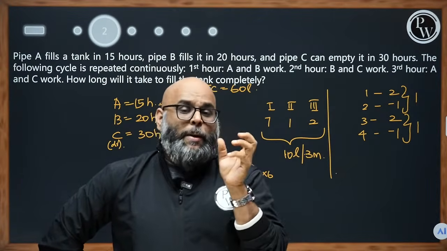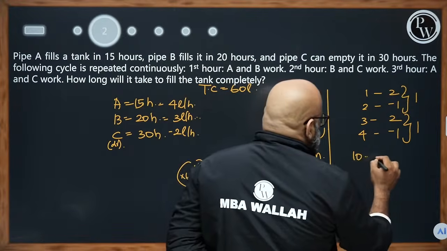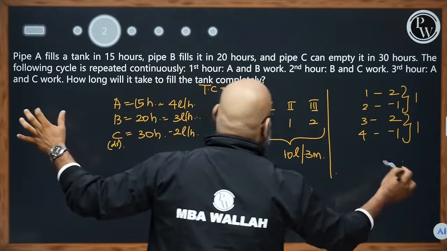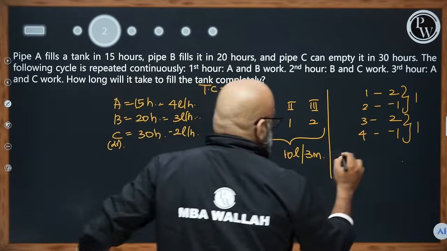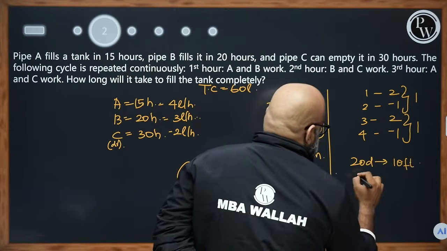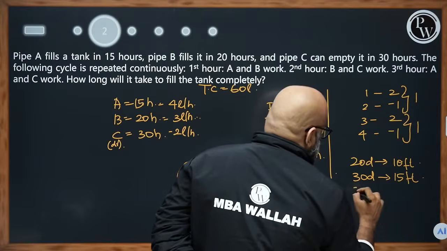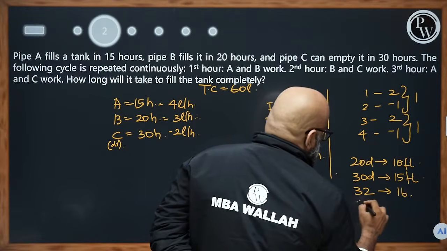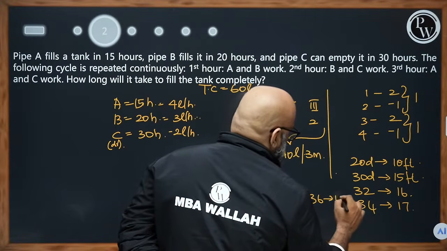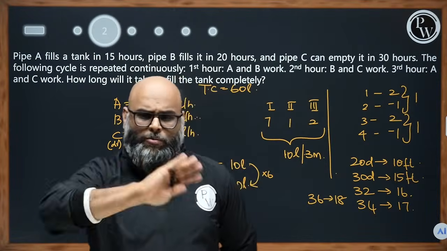From 30 days, if I put another 2 days, 32 days, that is 16 feet. 34, 17. 36, 18. So 36 days 18 feet up, done.